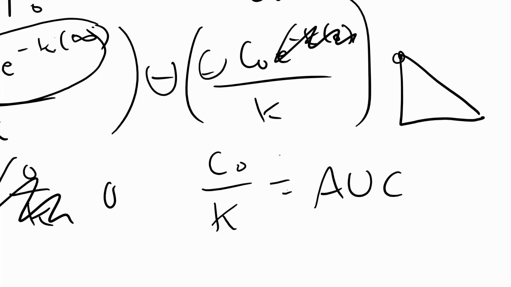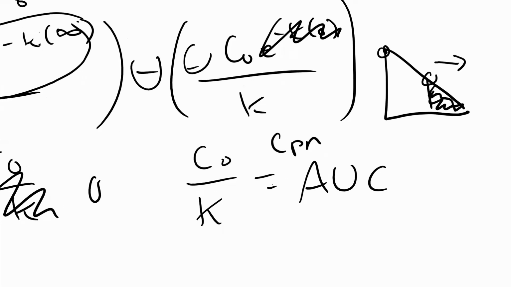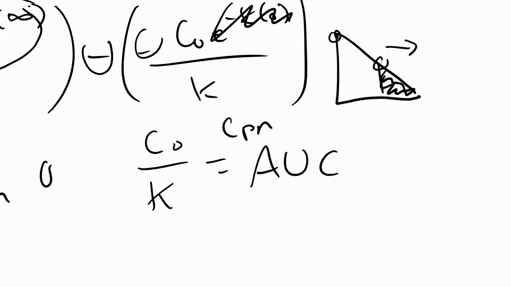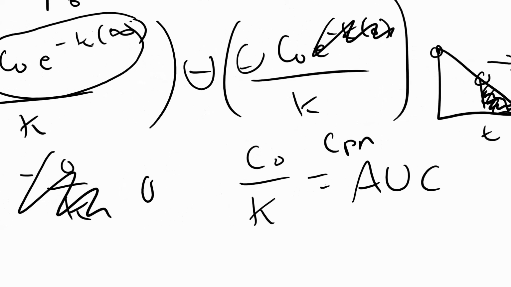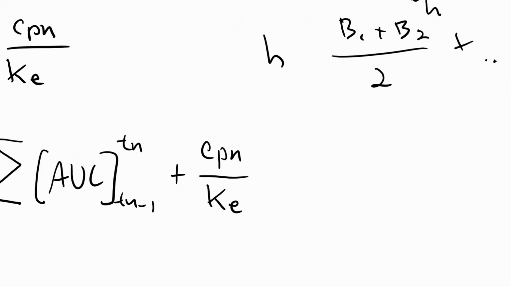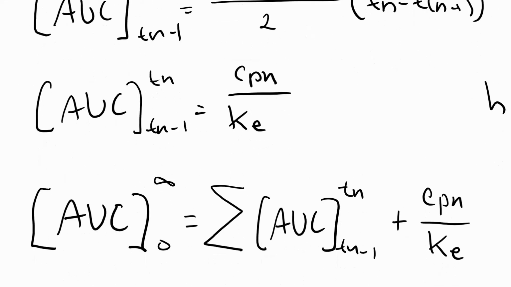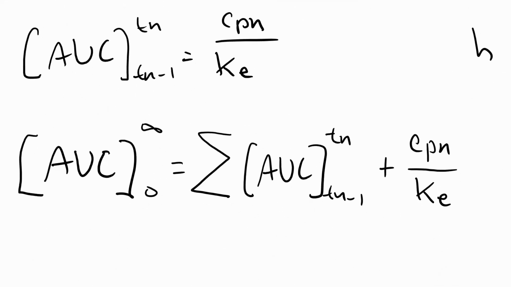That's why it's really C over k, because say you want to find from here onwards, and it's a straight line, then you find the concentration at that time, and then plug it in, and you'll get the area under the curve from there on. So knowing that, this last equation will incorporate both the trapezoid method and this integral value right here.